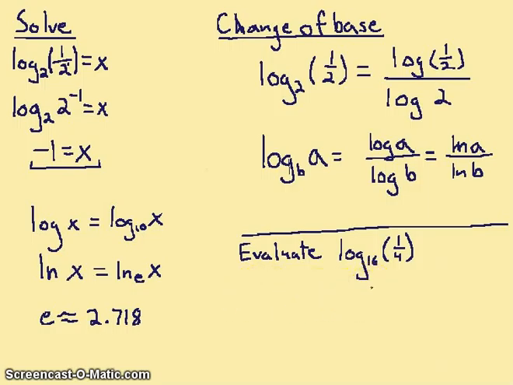So what this is going to equal is log of 1/4 divided by the log of 16. Over log 16. And again, with this one, what we want to do is just type that in.